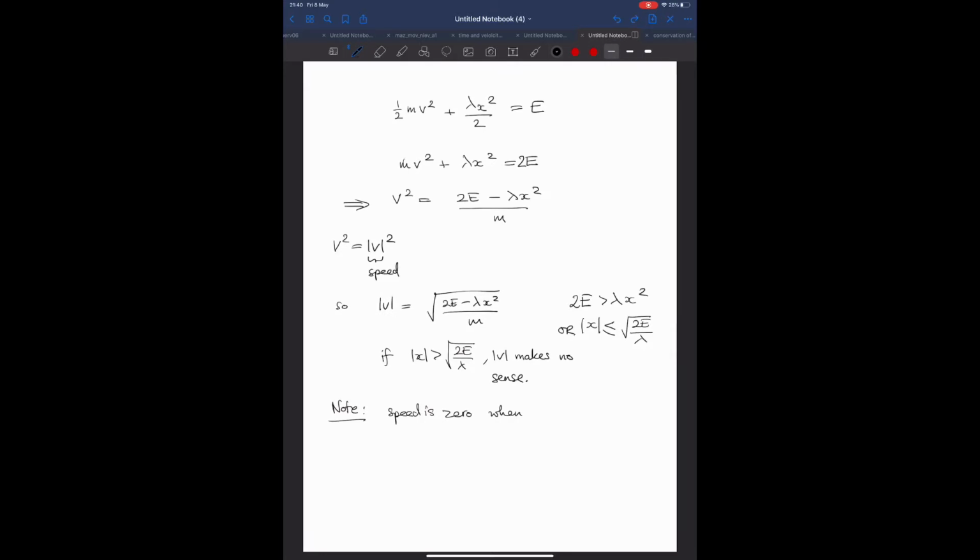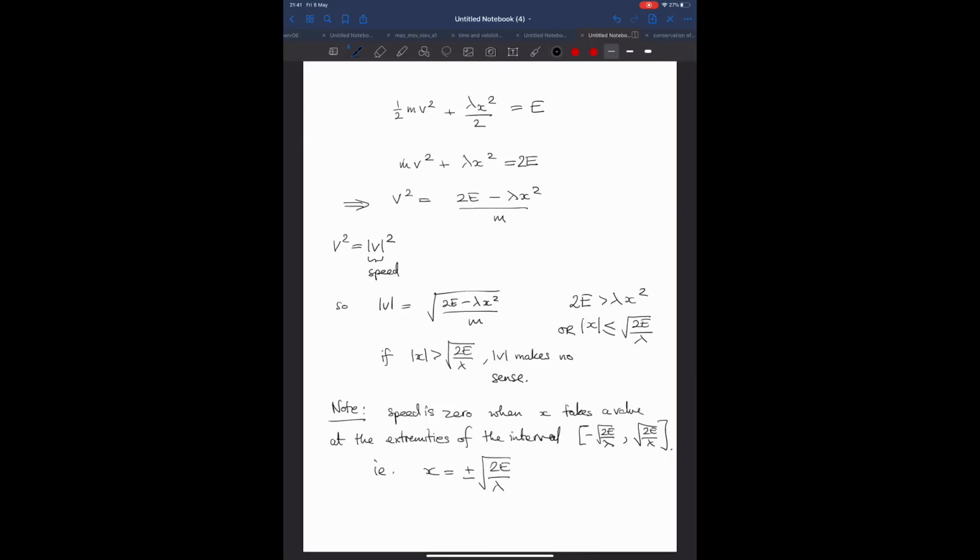So the speed is 0 when x takes a value at the extremities of the interval, minus square root of 2E divided by lambda, square root of 2E divided by lambda, i.e. when x equals plus or minus the square root of this.